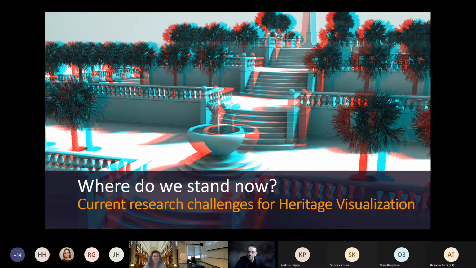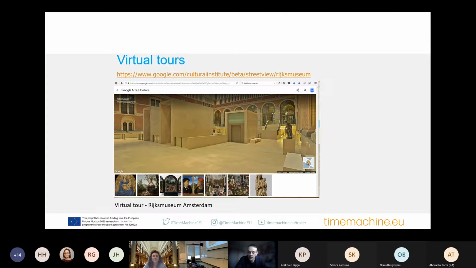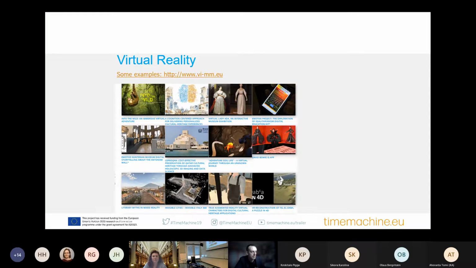Let's maybe switch to another topic area. 3D modeling is one branch. Another one is, of course, how to make these things visually available and perceptible. And of course, one big issue during the last years has been virtual tours. Google, for instance, within the Arts and Culture program, digitized many museum interiors, for instance, the Rijksmuseum here, and made them available via their platforms.